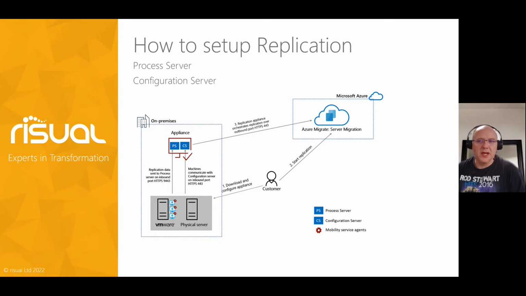So what this replication appliance does is coordinate the communications and manage the data replication for your on-prem VMware or your physical servers replicating to Azure. Also, as part of the replication appliance, there is a replication gateway, and that acts as a gateway to receive replication data from the machines enabled for replication.